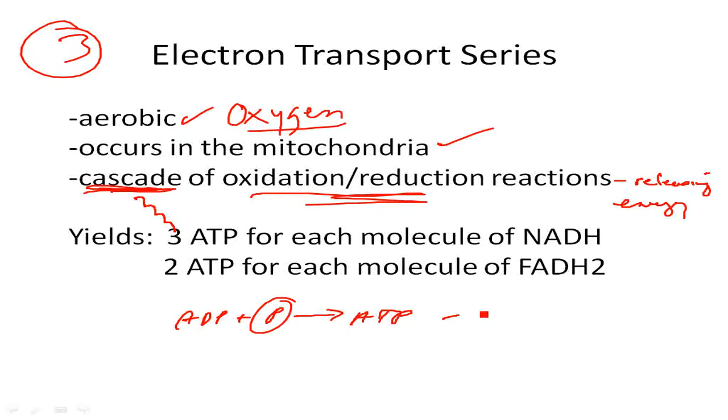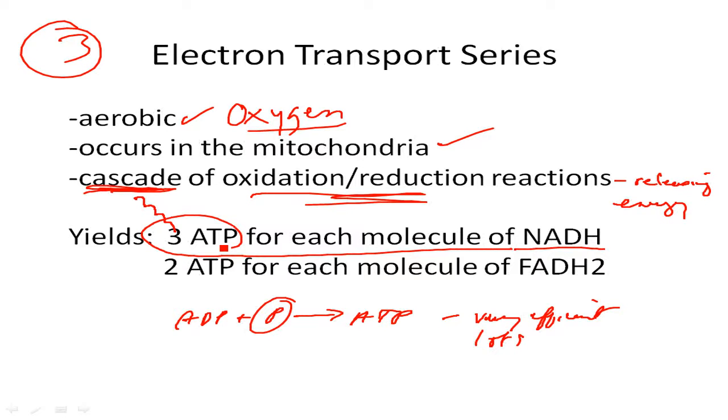And this is a very efficient process. It produces lots of ATP, and as it turns out, if you take one molecule of NADH, that will actually make 3 molecules of ATP. If you take one molecule of FADH2, that will give you 2 molecules of ATP. So this is a real efficient process, and we can make lots of energy this way.